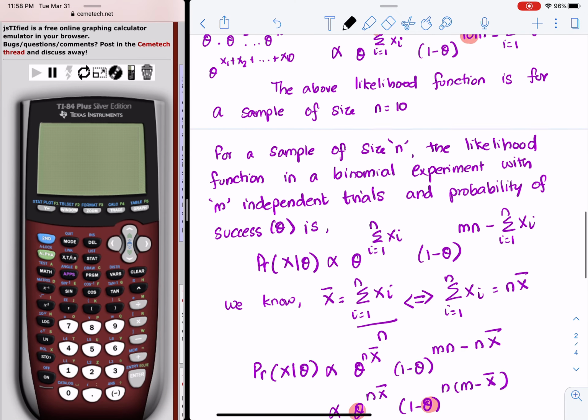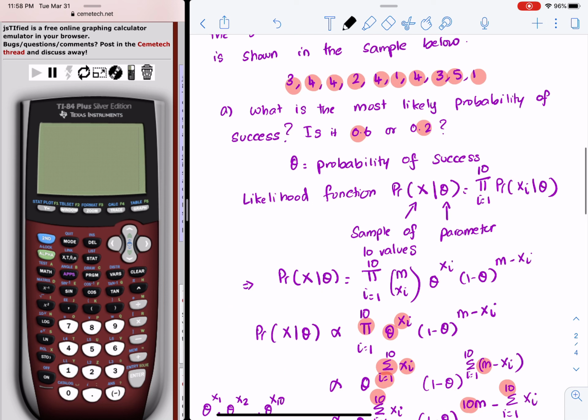So let's enter the sample in the calculator. 3, 4, 4, 2, 4, 1, 4, 3, 5, and 1.